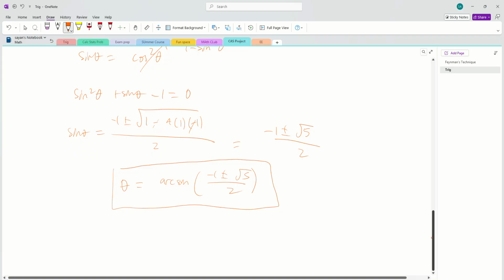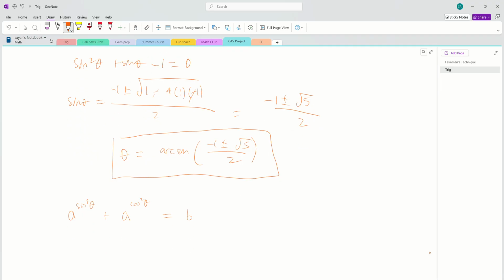Another cool problem is, let's say we had some number a to the power of sine squared theta plus a to the power of cosine squared theta is equal to some number b. So how do we solve this? We're solving for theta, by the way.